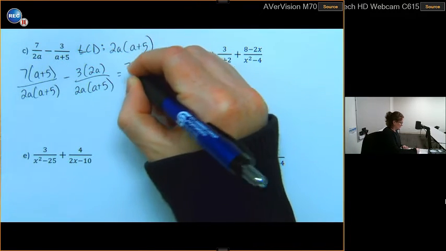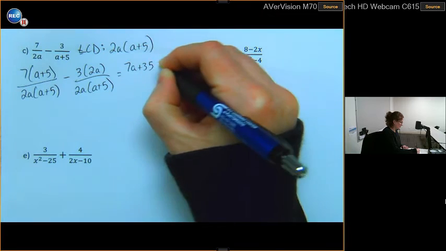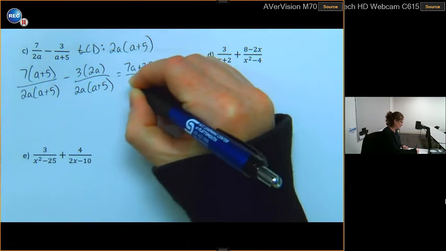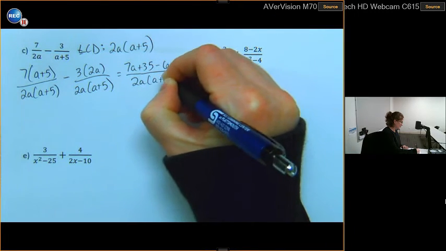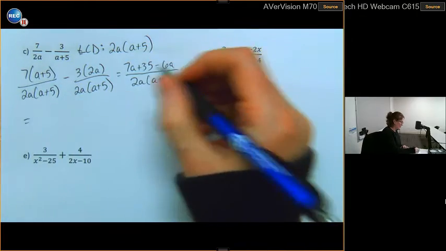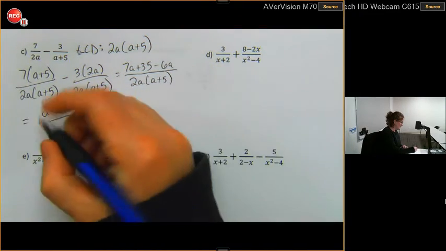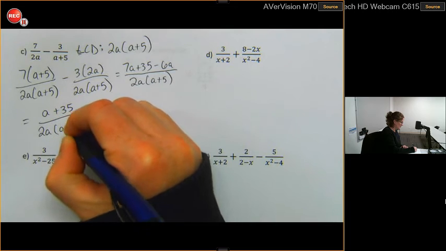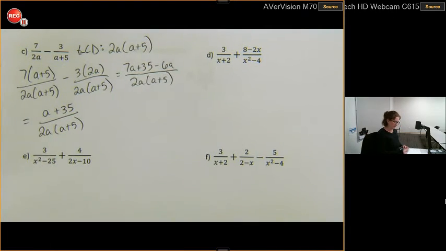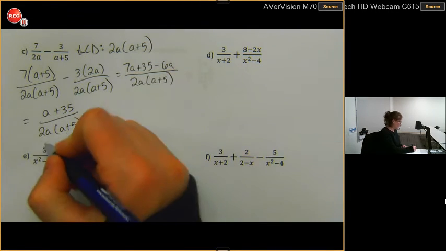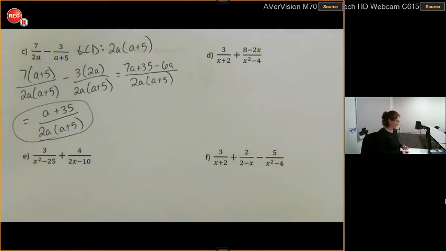And then I distribute. Combine like terms. And that's all I got. There's no factoring and canceling.